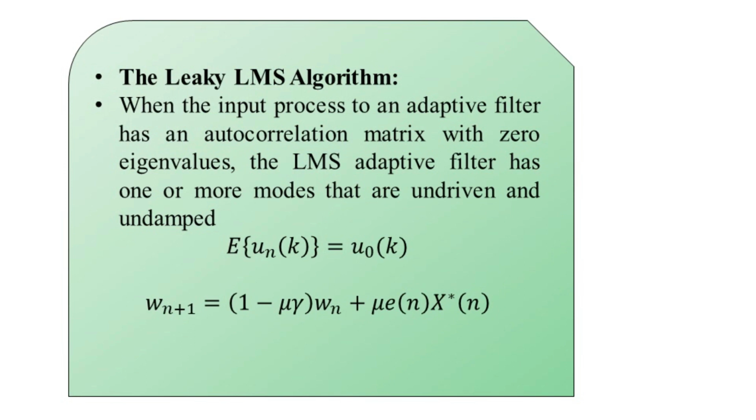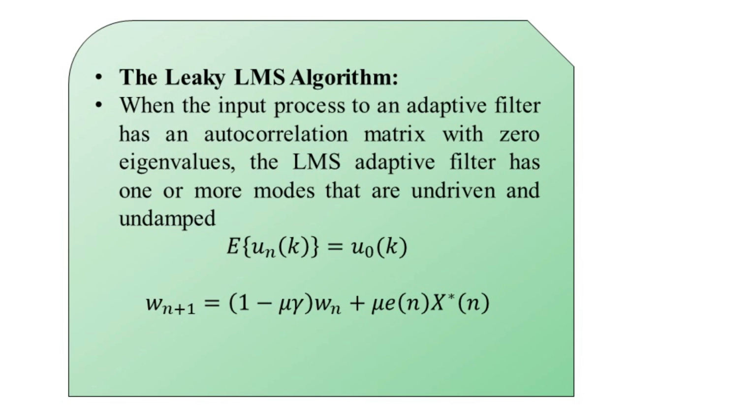Mu is the step size, gamma is the newly introduced leakage coefficient. So this bracket 1 minus mu gamma is multiplied by the weight w suffix n. This is further added by the second term, where we have mu multiplied by e of n, further multiplied by the complex conjugate of the original signal x of n.